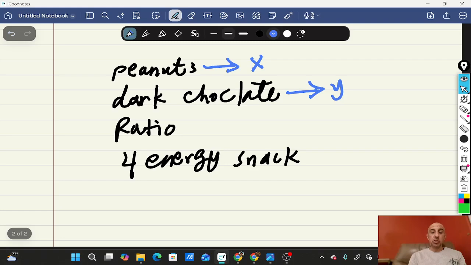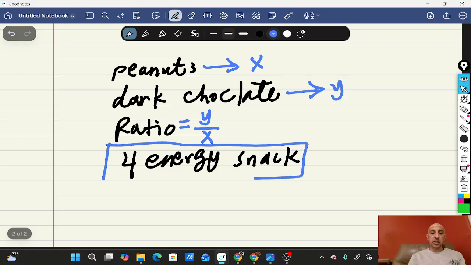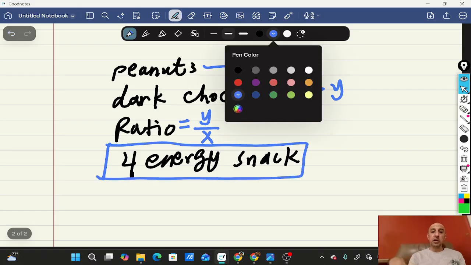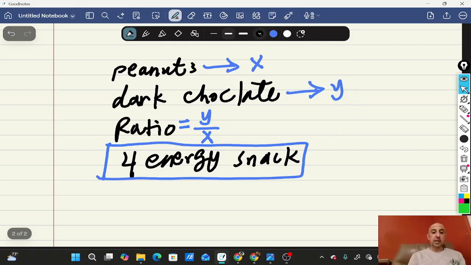The ratio is usually represented by the formula y divided by x. Here are 4 energy snacks. Then the last piece of information is the unit rate.